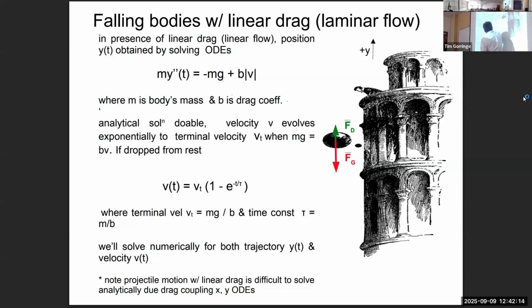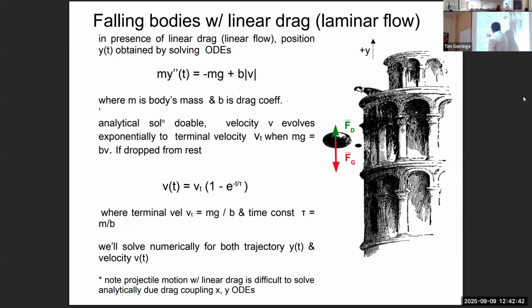And this time dependence of the velocity, in the term in parentheses here, is saying that there's a time constant, which I've called tau, that represents how quickly or slowly the dust particle will acquire that terminal velocity. If tau is large, it's going to take a longer time for the dust particle to reach terminal velocity. If tau is small, a shorter time.